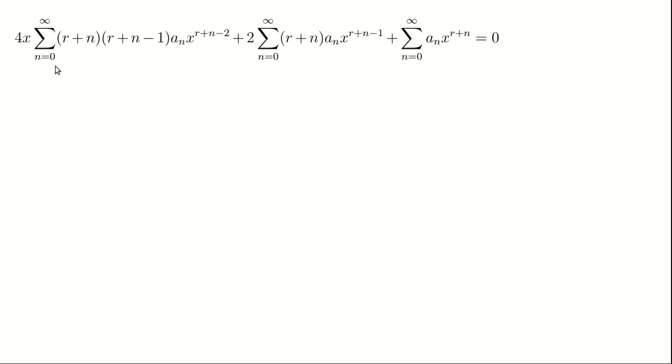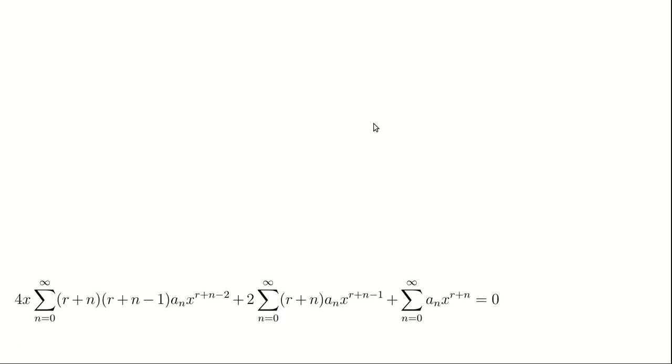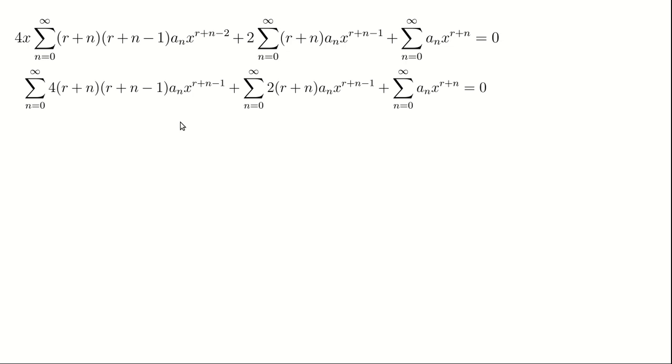So we can send this 4x in and simplify this part, send this 2 in and simplify, and let's see what happens. The x goes into these parts, reducing the power by 1, then the 4 comes here, and the 2 goes in without doing anything.